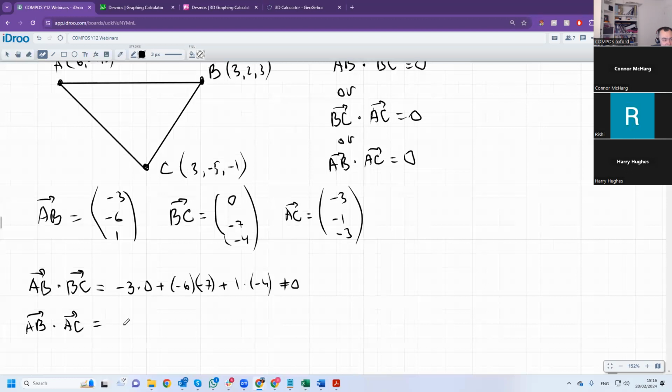AB times AC, and that is minus 3 times minus 3 plus minus 6 times minus 1 plus 1 times minus 3, and that's equal to 9 plus 6 minus 3, is not equal to 0.